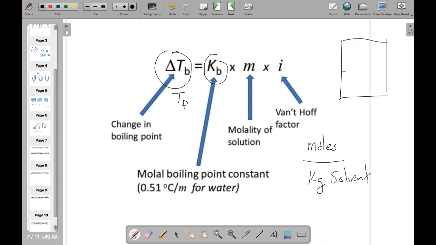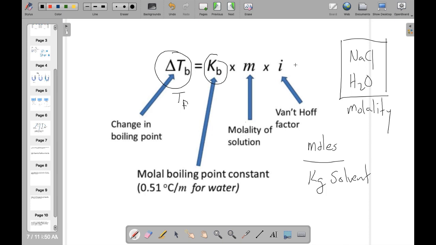So I have some solution. I'm going to have to figure out the molality of the solution. Let's just say I have some water and I added some salt. Now I've got to figure out the molality of this. So I have to figure out moles of salt and kilograms of water that were there to begin with. Get my molality. Van't Hoff's factor. Well, then I would have to figure out if this is going to dissociate.